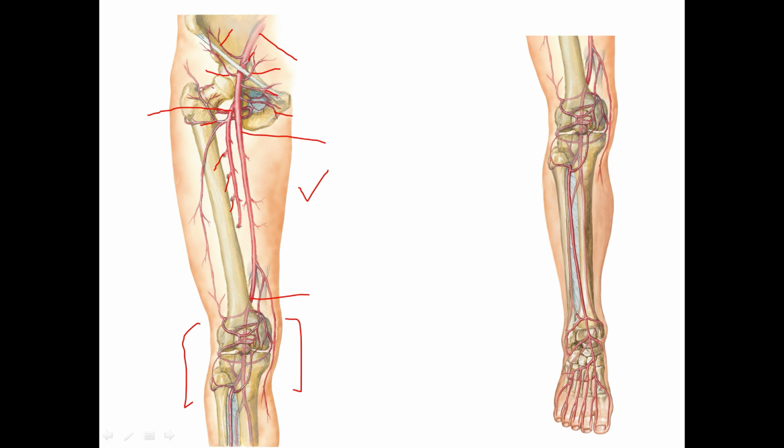Now the popliteal artery is giving the branch posteriorly, the posterior tibial, and the anterior tibial, which is coming anteriorly.